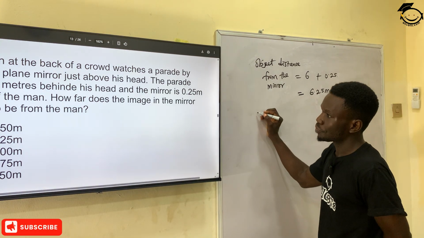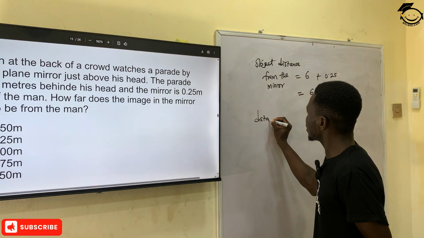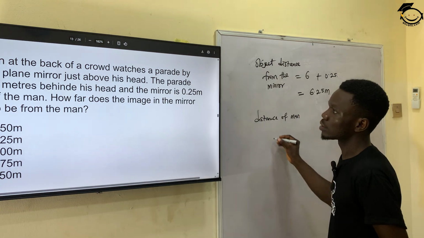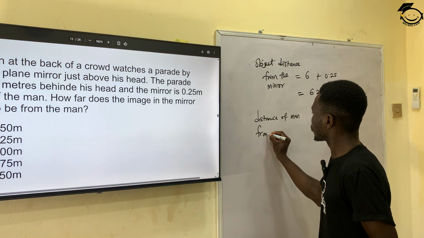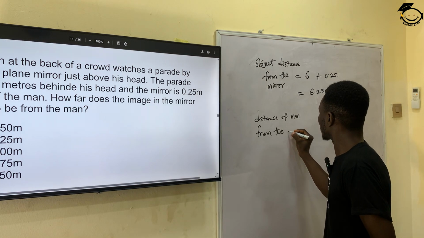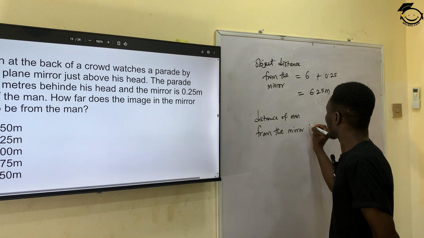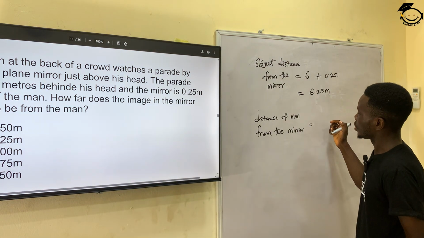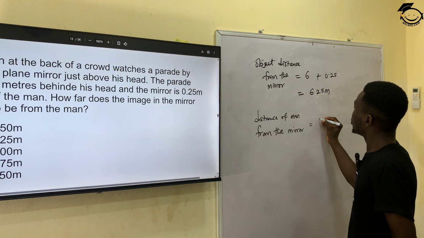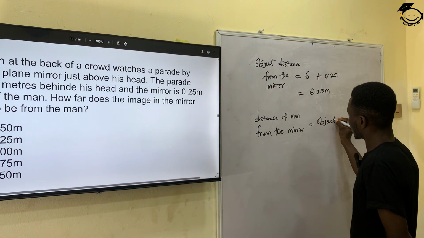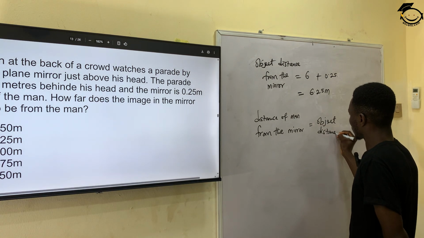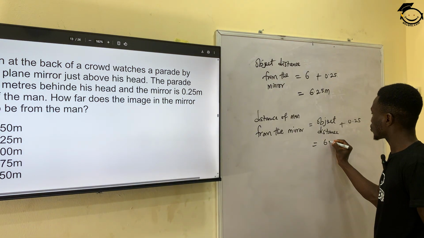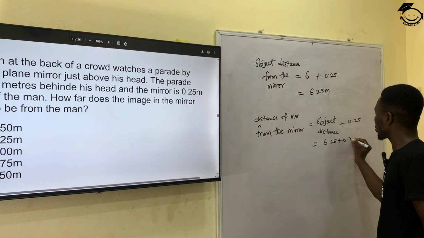So the distance of the man from the mirror is going to be the object distance plus the original distance of the man, and that will give me 6.25 plus 0.25.